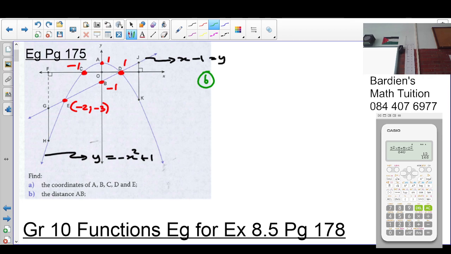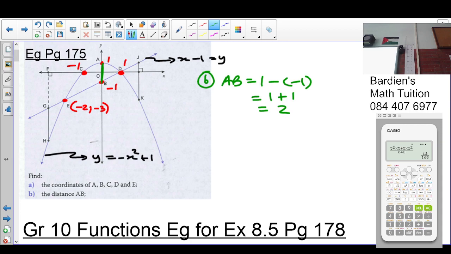If it's parallel to your y-axis, can you see it's the same as the y-axis? That's parallel. Can we take the difference between the two? So AB is equal to 1 minus the one at the bottom, negative 1, gives you 1 plus 1, which is 2. So the distance of AB is 2. Well done to you.